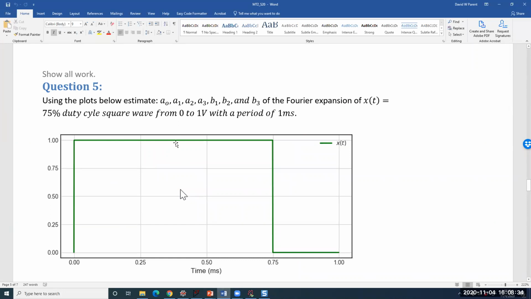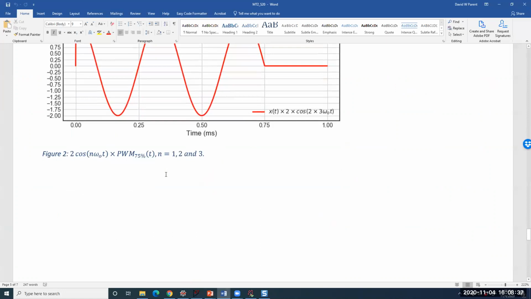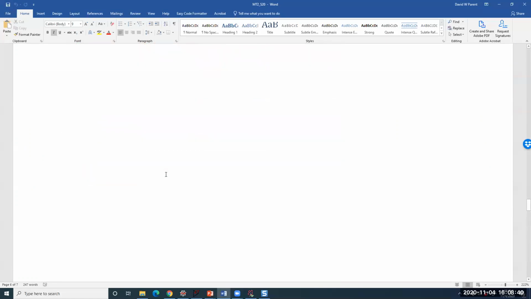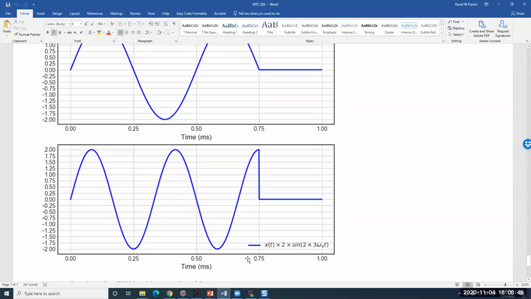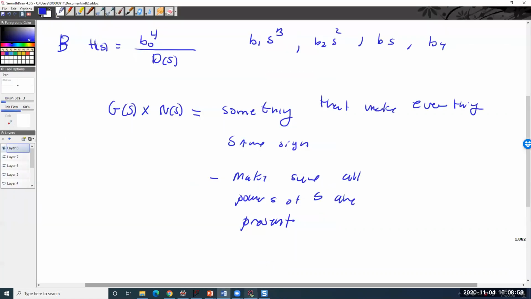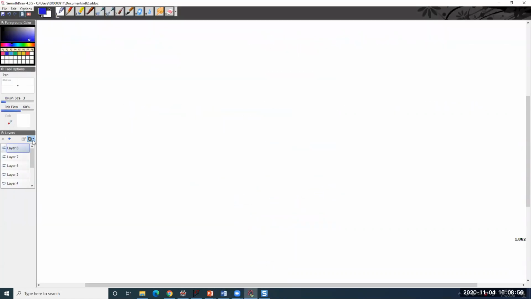Now, I haven't really gone over this, but usually the problem is something like this, and everybody does really well. I say, here's sine omega naught t times sine omega naught t, right?